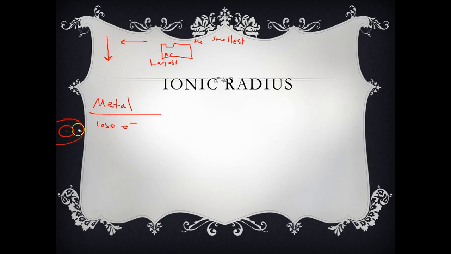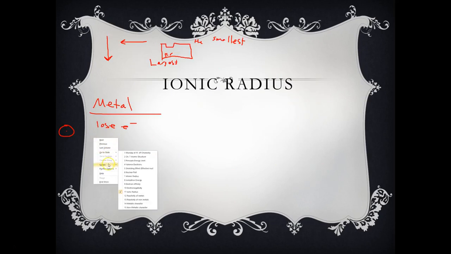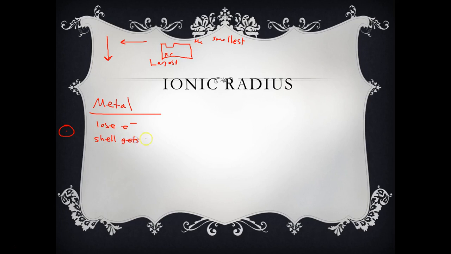Metals like to lose electrons and to ionize. So let's go ahead and ionize this atom. What do you guys see? Did it get bigger or did it get smaller? It got smaller, didn't it? And that's why. You lose the outermost electrons, so the shell gets deleted, essentially. That's the way to think about it.